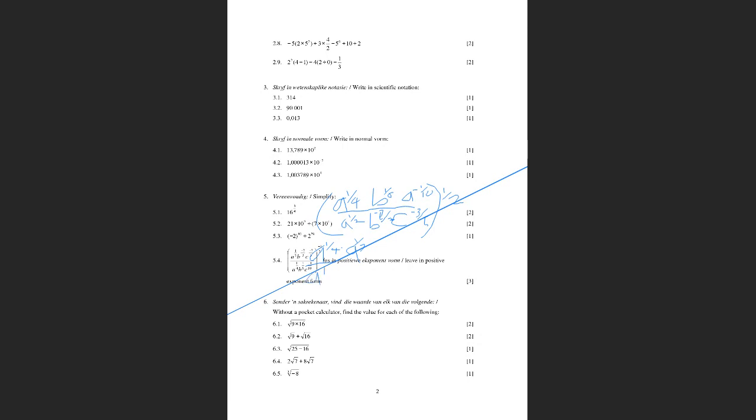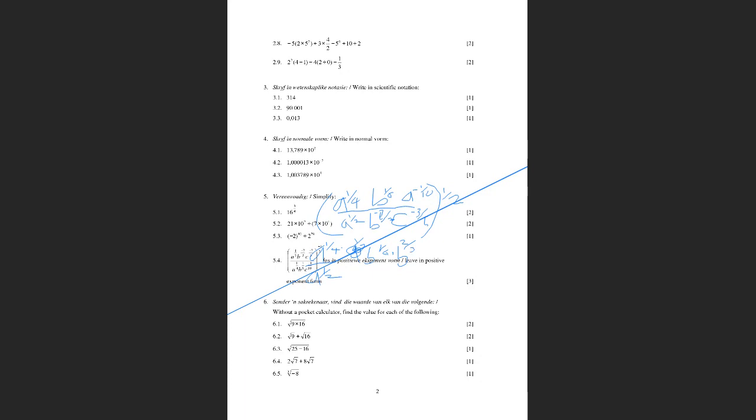1 over 2. Then the B, I can take the negative up. So it can be B 1 over 6 times B 2 over 3.